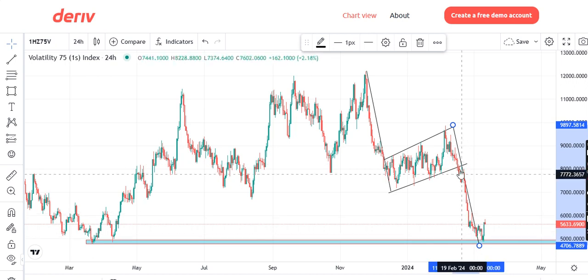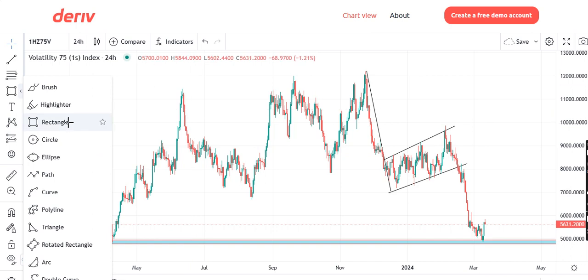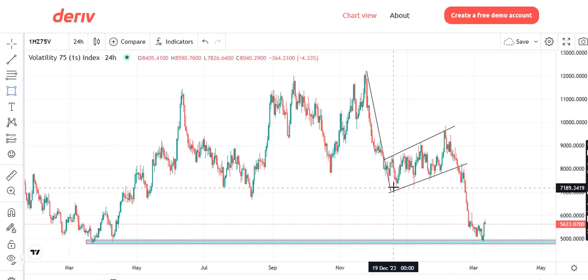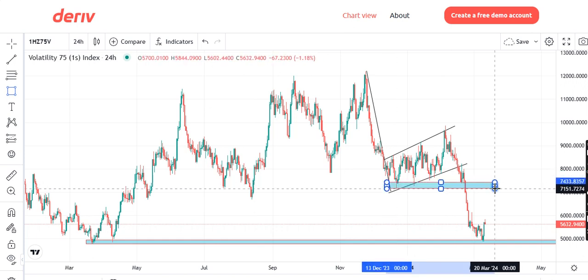So we have this big impulse to the downside that completes this pattern right here. Because the pattern is complete, we need to go back all the way up to this level right here, to do what? To retest. You understand what I'm saying, guys? You have to know how to trade these patterns. After every completion of every pattern, we always have that retest.